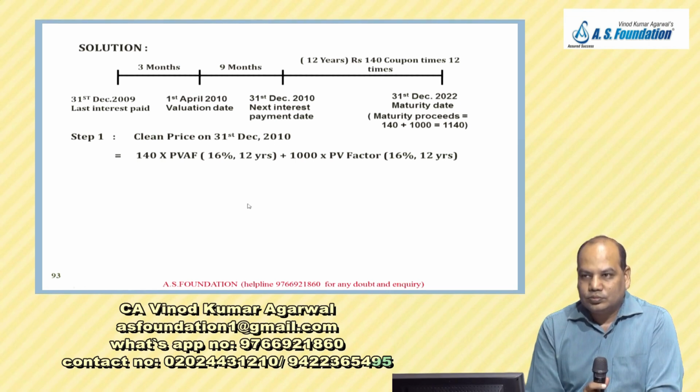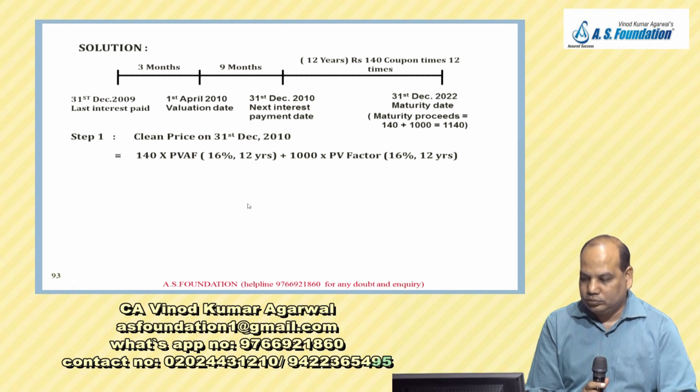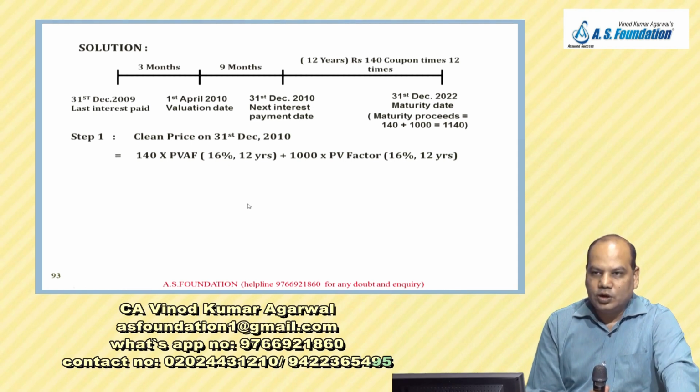140 is coupon. It's an annuity for 12 years, so 140 into PV annuity factor 16%, 12 years, plus 1000 into PV factor 16%, 12 years. 5 seconds will be given to you to solve. 5 seconds only.